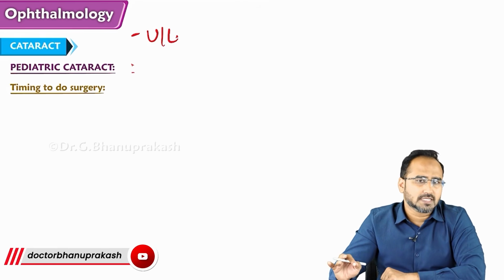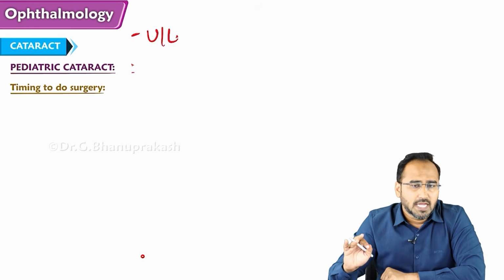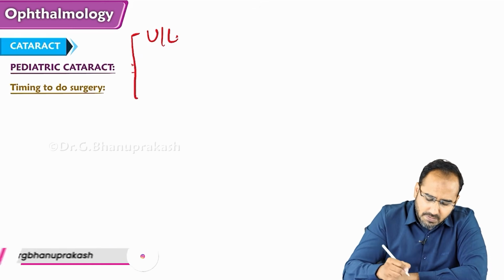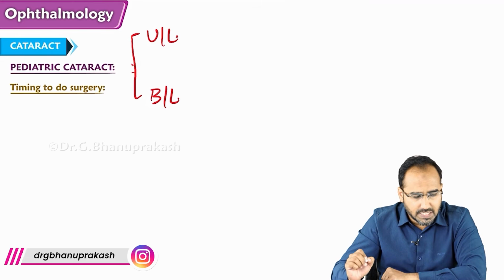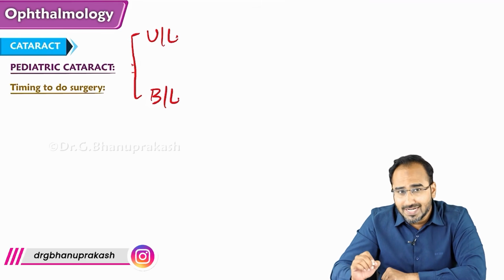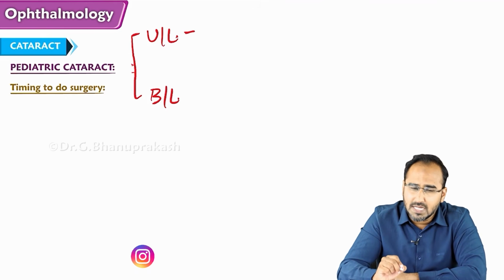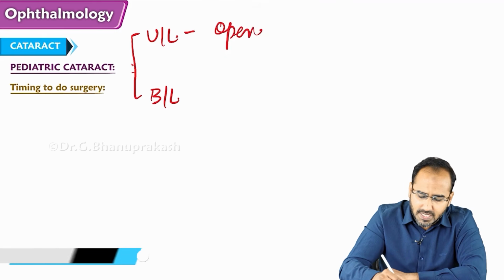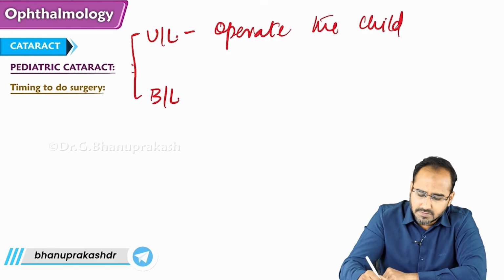But remember, guys, the timing is very important. Timing means what? If the patient comes with unilateral cataract, the timing is different, and if the patient comes with bilateral cataract, the timing is different. Now, guys, it is always said that if the child is diagnosed with unilateral cataract, operate the child immediately.